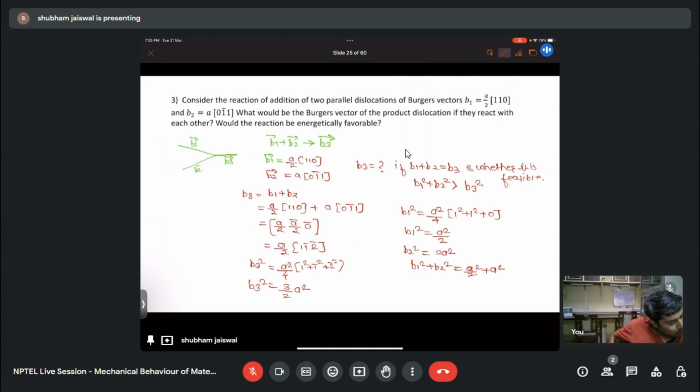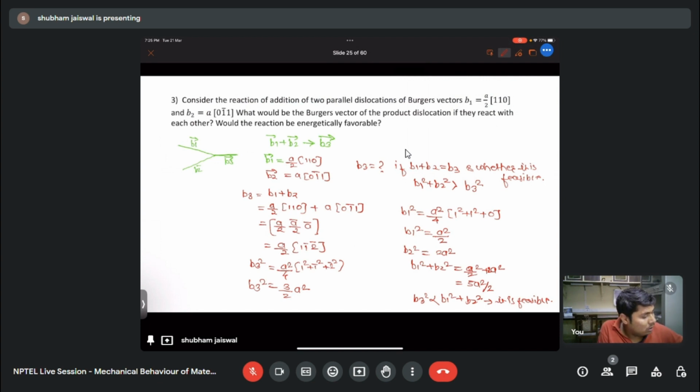It will come out to be 5a square by 2. Since B3 square is less than B1 square plus B2 square, it is physical. Okay, this was the third question.